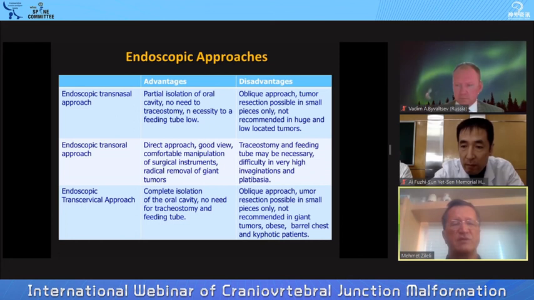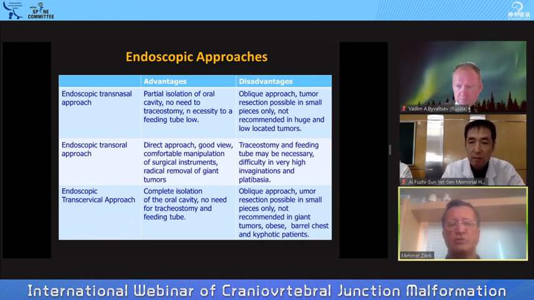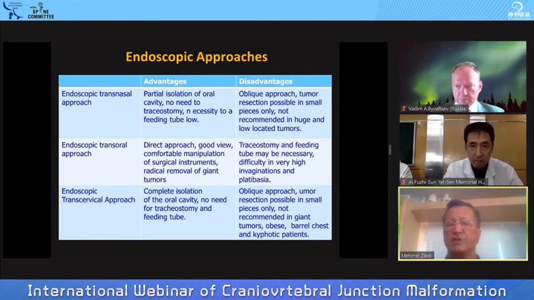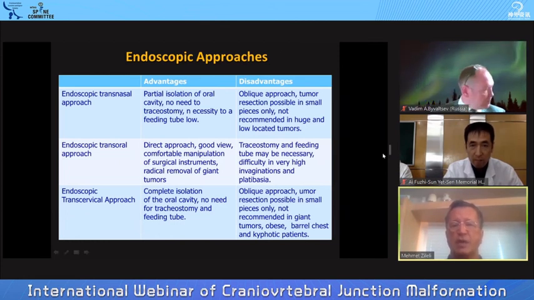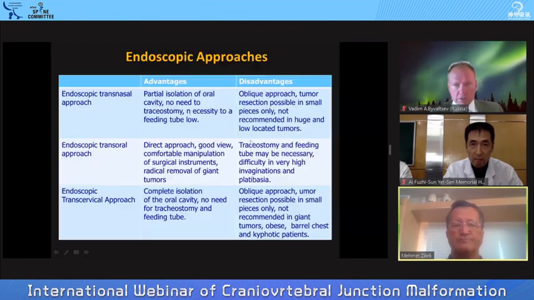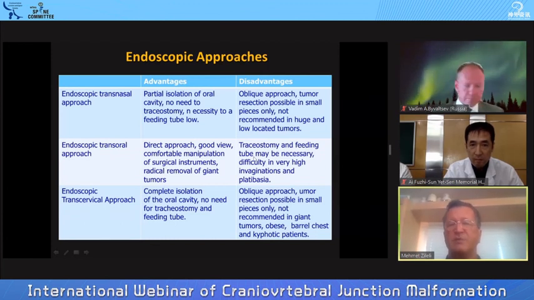With the endoscopic transcervical approach, there is complete isolation of the oral cavity and no need for tracheostomy or feeding tube. However, it is a very oblique approach, and resection is possible only in small pieces.